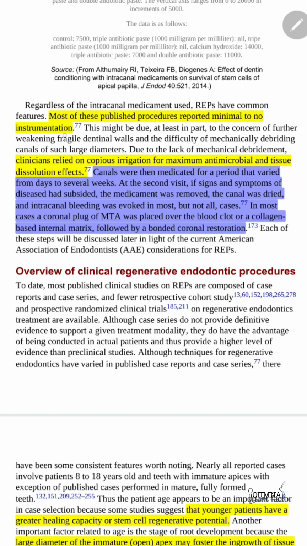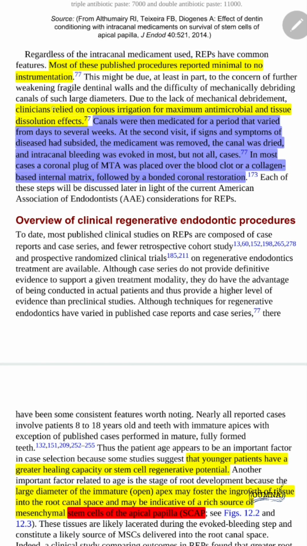This procedure, the regenerative endodontics, requires no instrumentation, and the clinician relies on copious irrigation for maximum antimicrobial and tissue dissolution effects.